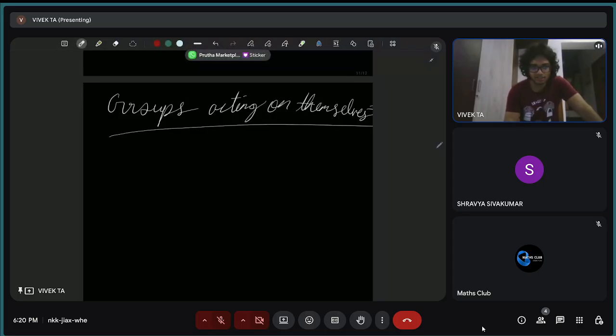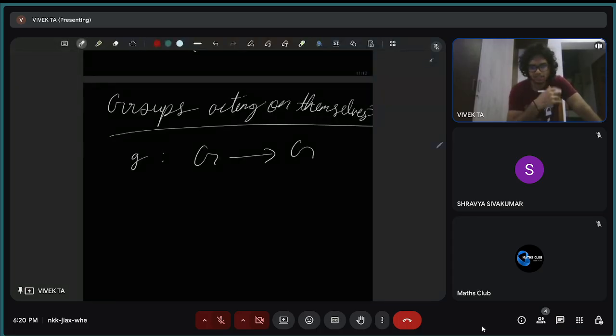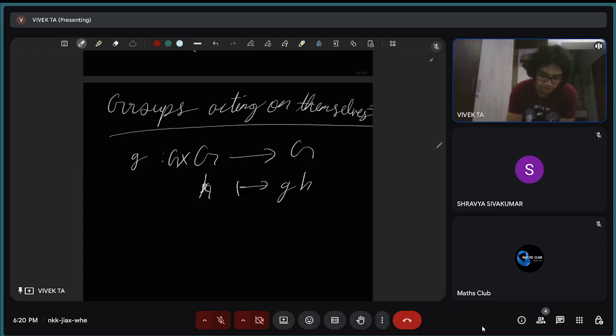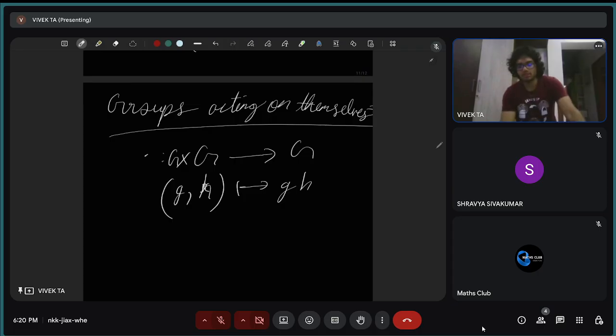One is multiplication, that is, just take an element G, and apply left multiplication. So take any element H, apply GH. That's it. This is a group action because this is well defined. A group action is defined on a cross product, so I need to take G cross G, going from (G, H) to GH.